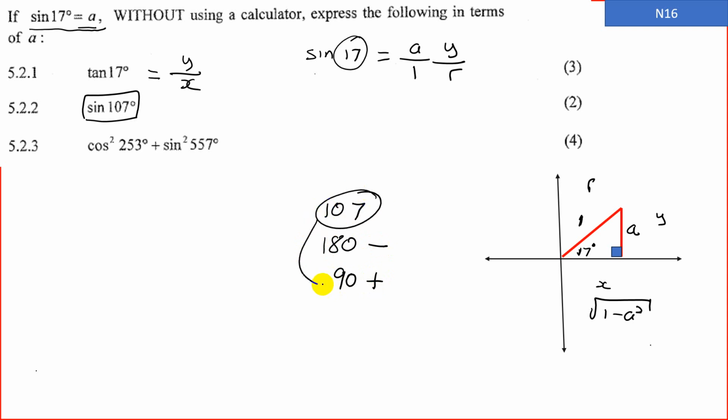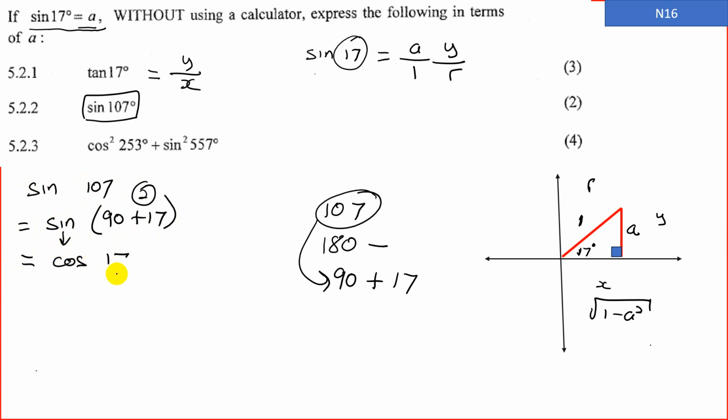I could say that 107 can be written as 90 plus 17. So sine of 107 becomes sine of 90 plus 17, which is now our co-ratio. Remember, we are in the second quadrant, where sine is positive, and the co-ratio of sine is cos, so that turns out to be cos of 17.